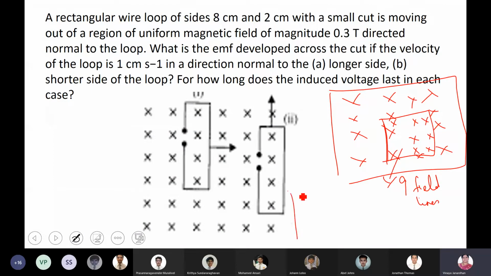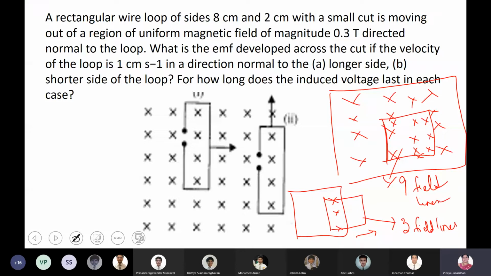When the loop is half the way inside the magnetic field, half the way outside, it's moving out. So how many field lines are there? 3 field lines. Is that not? Your field lines are keeping on decreasing. When the coil completely comes out, 0 field lines.